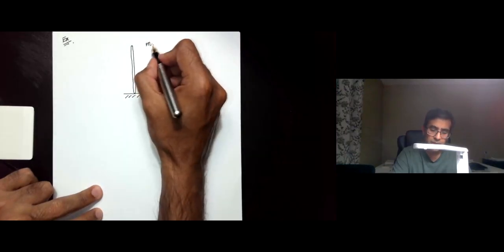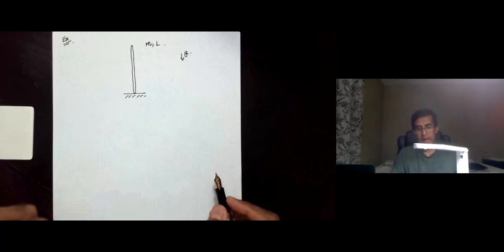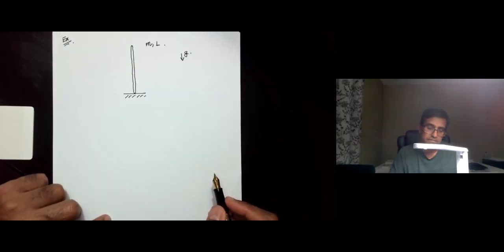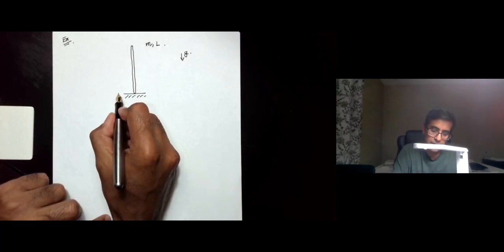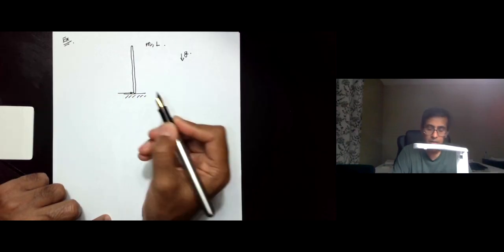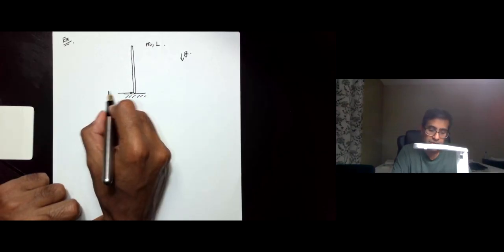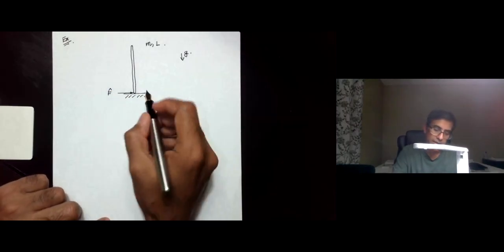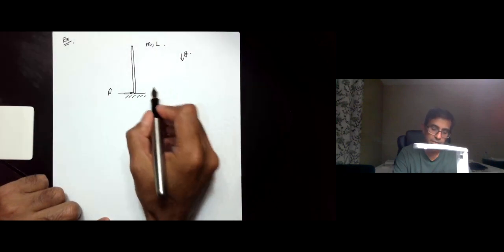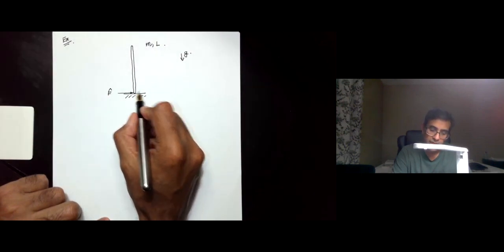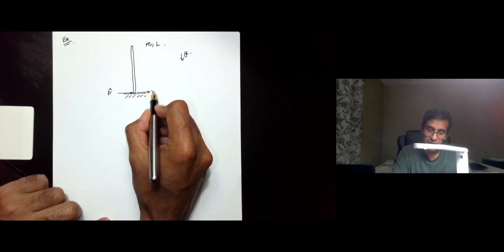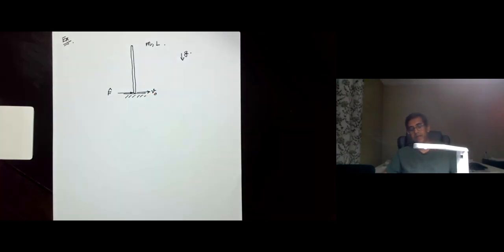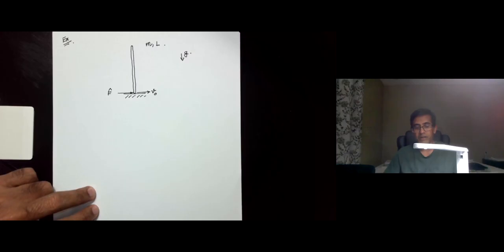It is of mass m and length L, and at the bottom of the bar an impulsive force is applied. So this F hat represents an impulsive force, and as a result of this, the bottom of the bar gets an instantaneous velocity V0, as a result of that impulsive force or a strike.